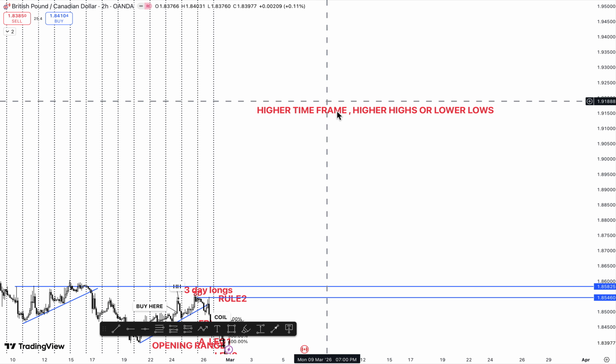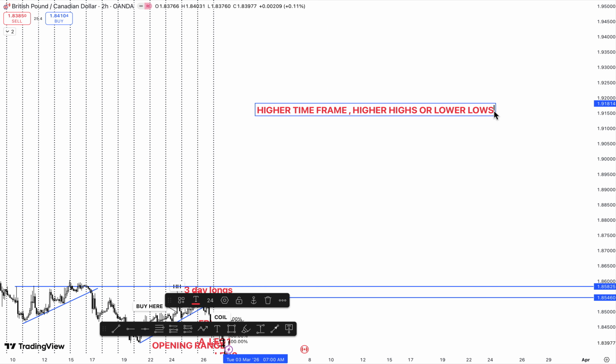Now, the second thing you need to look out for is your monthly highs. Where was your previous monthly high and low? Where is the current monthly high and low? Weekly highs and lows.